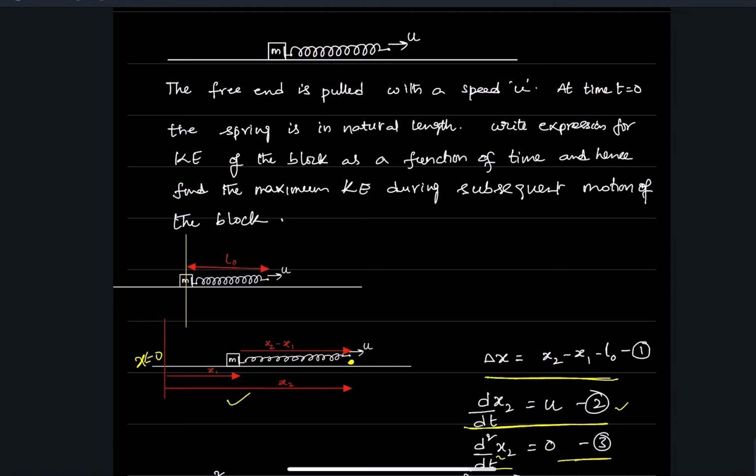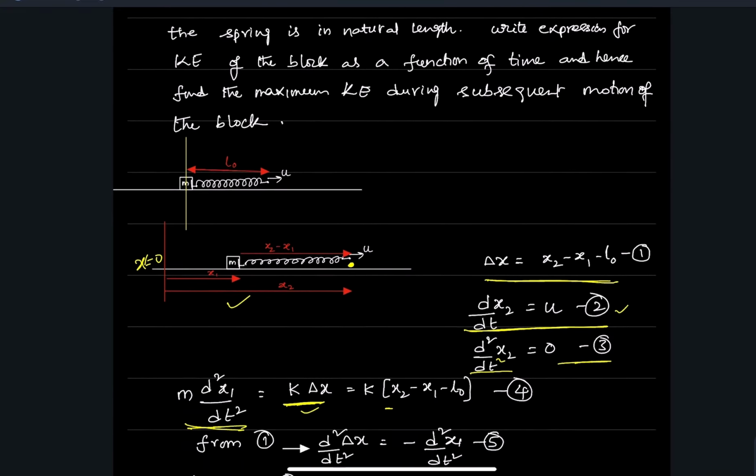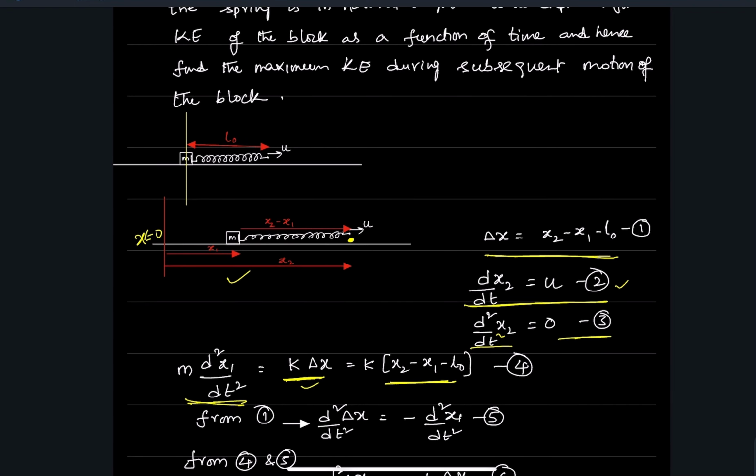So MA, that is m times d square x1 by dt square, is equal to the force exerted by the spring on the block, that is k delta x. So delta x can now be written as x2 minus x1 minus L0. I brought this from equation 1. So this is my equation 4.